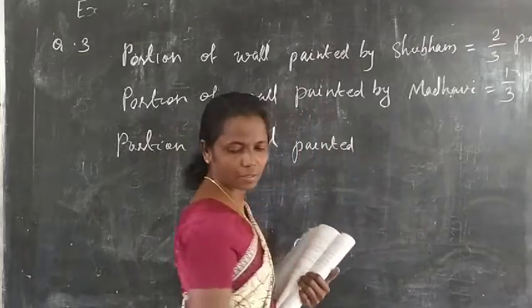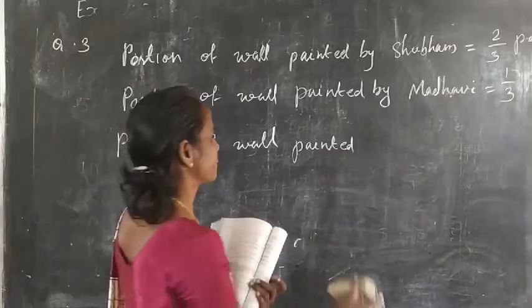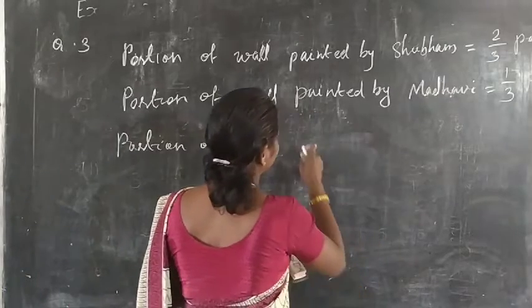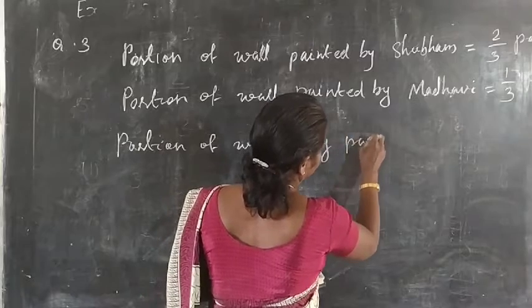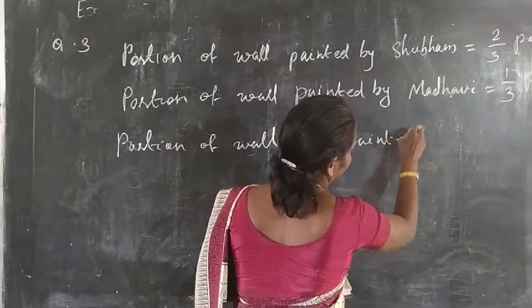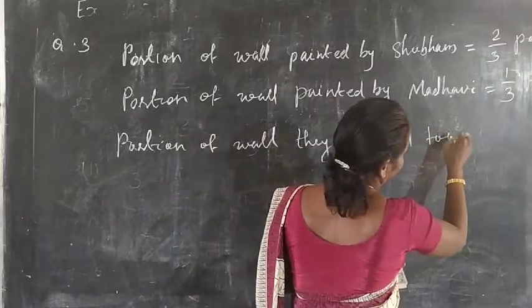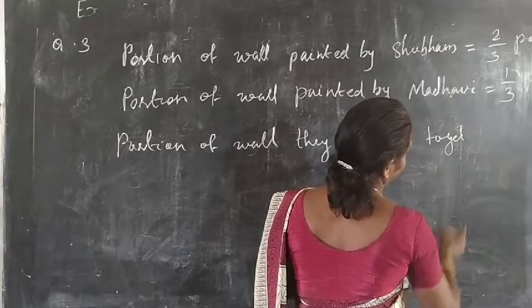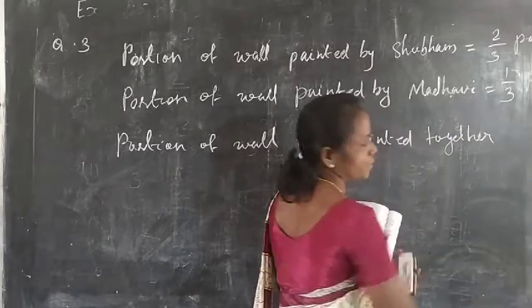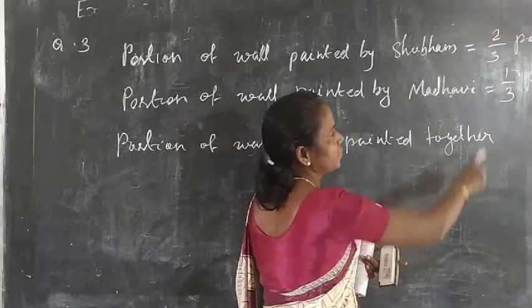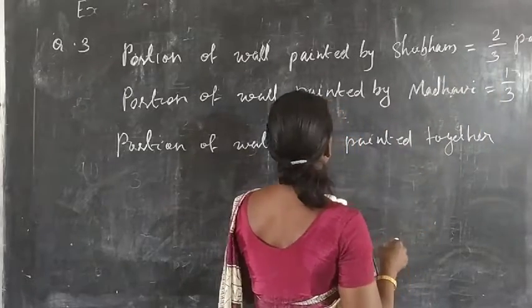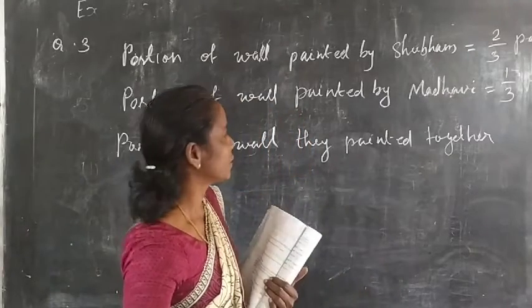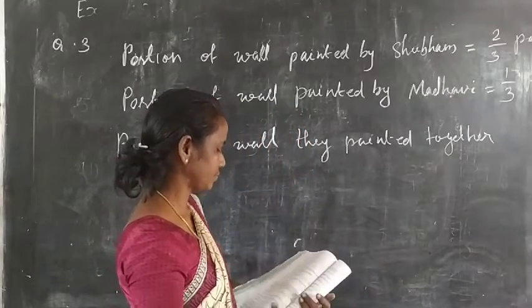Portion of wall they painted together. Then we add these two parts, we will get the portion of wall they painted together.